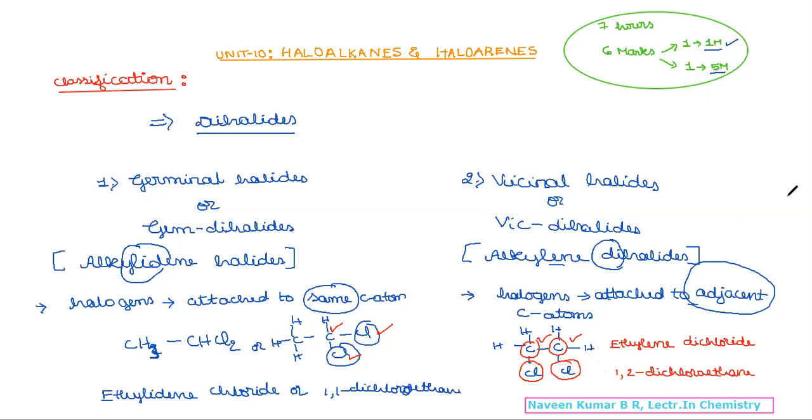With this, we completed the classification of haloalkanes and haloarenes. In our next class, we'll continue with the nomenclature system, the nature of the C-X bond, and the methods available for preparation of the compounds. Thank you.